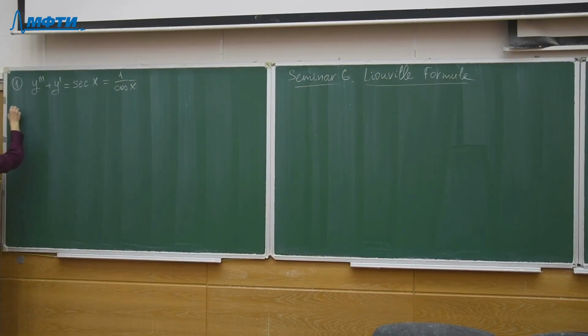Well, the first step is to solve the linear homogeneous differential equation. How to solve it? We should write down the characteristic equation, lambda cubed plus lambda equals 0.